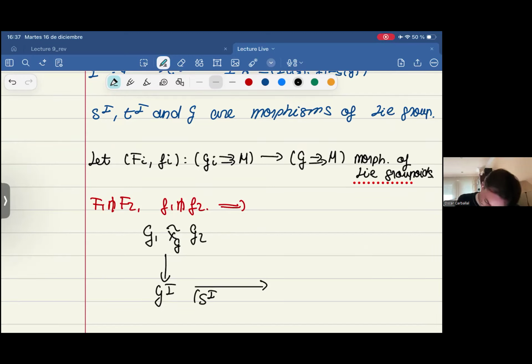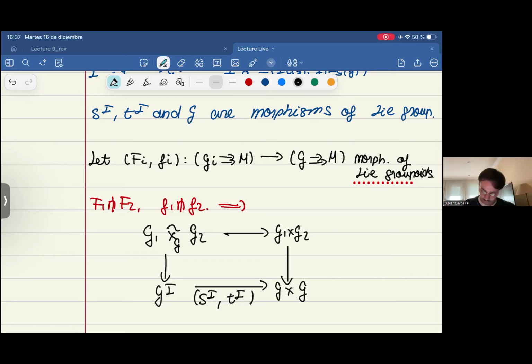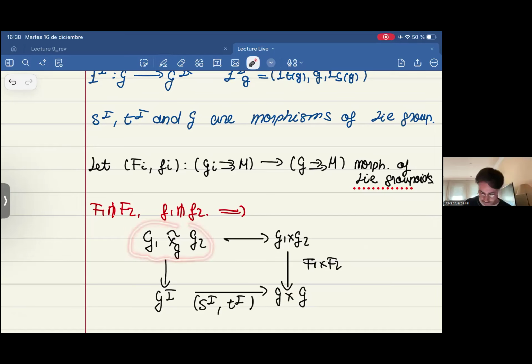Here we have G1, here we have G times G. Provided we have this transversality condition between the maps between arrows and objects, the following diagram is a pullback, and this pullback is what is called the homotopy pullback.